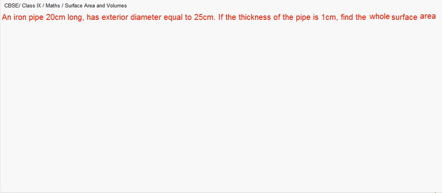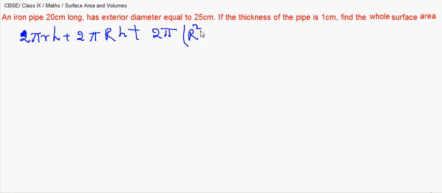If you remember, we had just noted down the formula. I'll write that again here to find for our application. It is 2 pi r h plus 2 pi R h, plus 2 pi R square, which will then be R square minus r square.